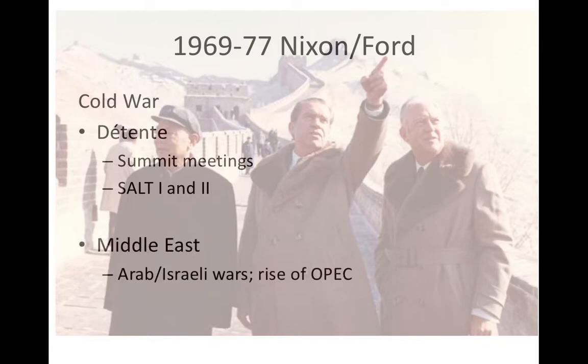In the Middle East, Nixon and Ford dealt with a number of wars between the Arab states and Israel. In 1967, there is the Six-Day War. In 1973, there's the Yom Kippur War. Egypt, Syria, Jordan all attack Israel, and Israel comes out of it doing pretty well and actually gaining territory.